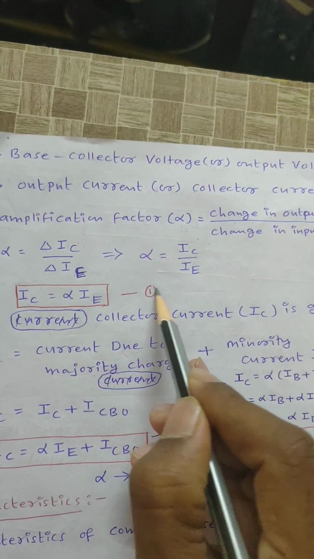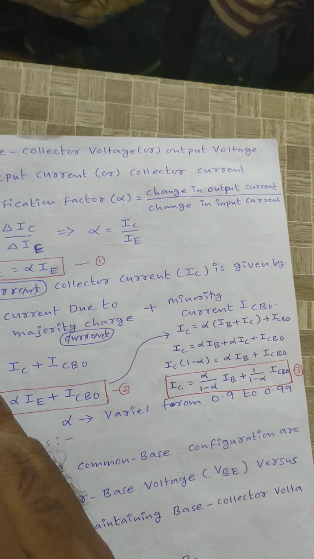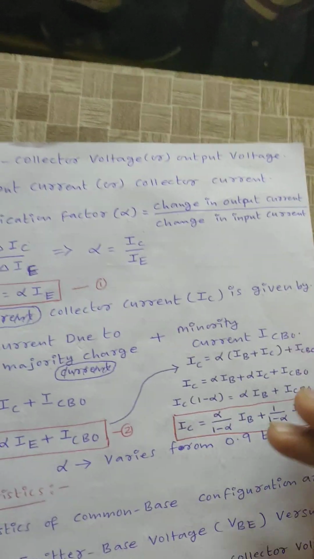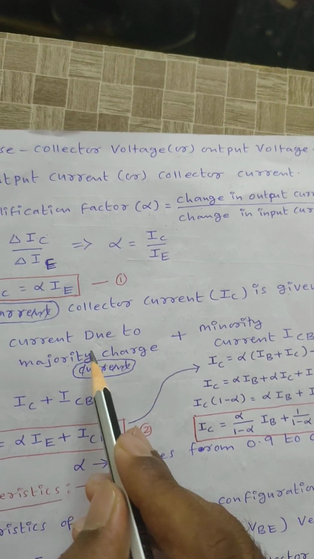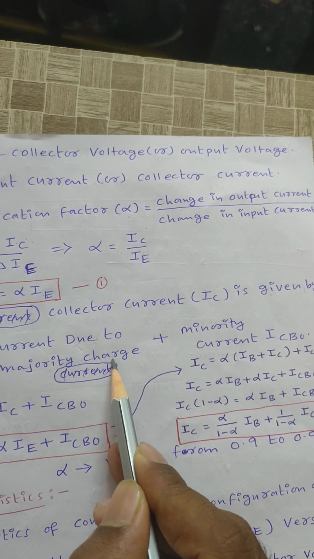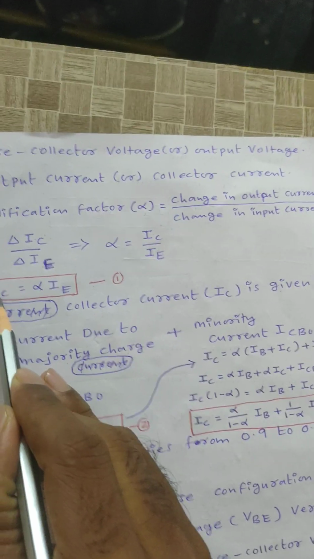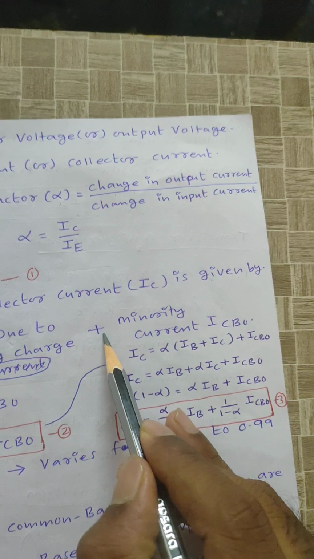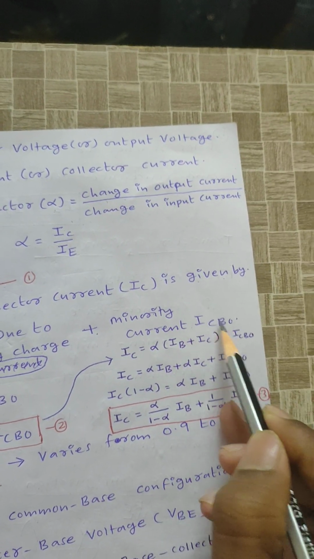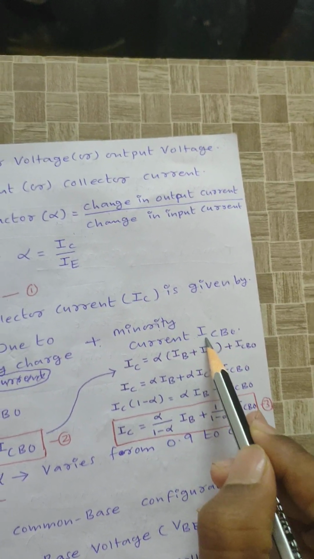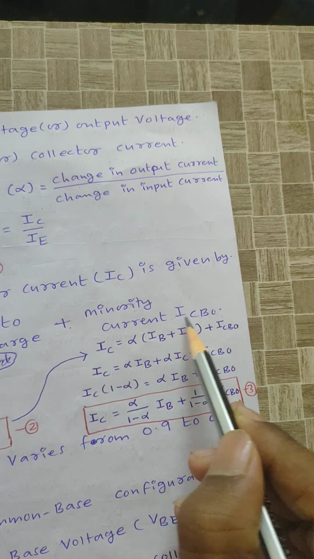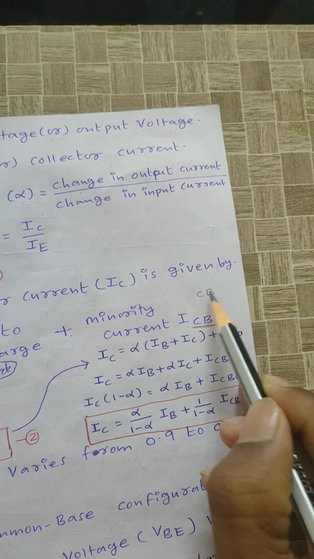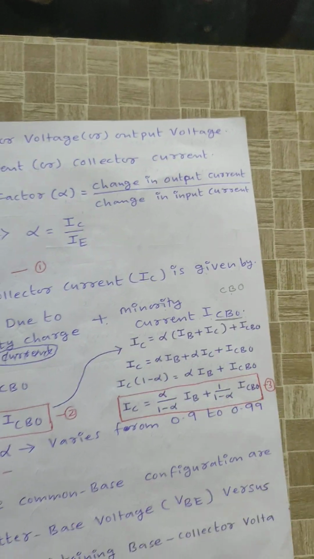Assume this is equation 1. But the total output collector current is given by the current due to majority charge carriers plus the current due to minority charge carriers, that is the minority current ICBO. ICBO: CB indicates common base configuration, O indicates the minority charge carriers current.